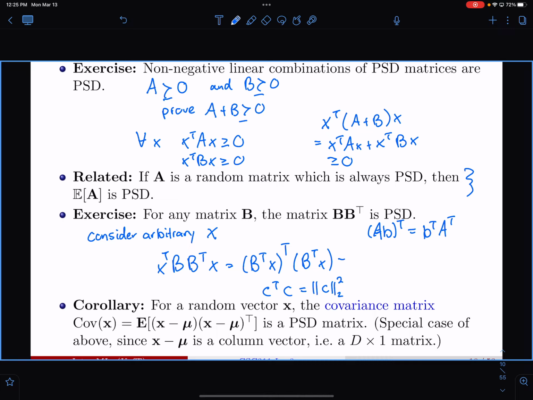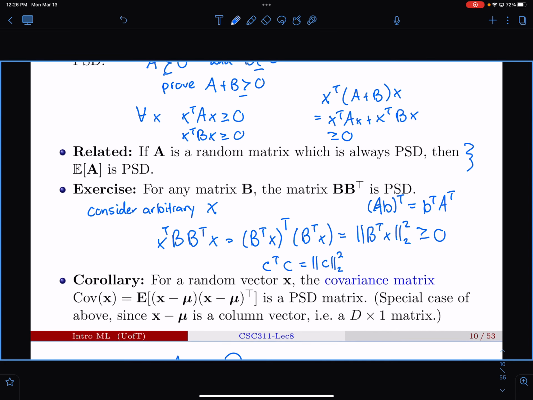So we can write this term as the 2-norm of B transpose x, squared. And norms are always non-negative, so greater than or equal to 0. In general, this says that if you see the product of a matrix and its transpose, we know that's a positive semi-definite matrix. So later, the covariance matrix is also going to be positive semi-definite.